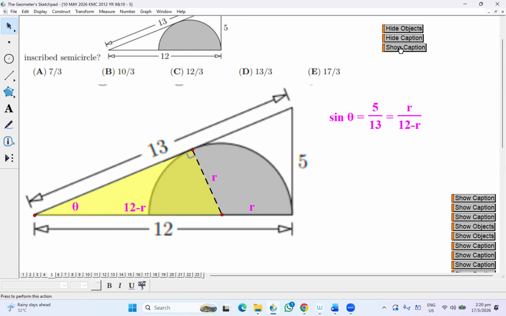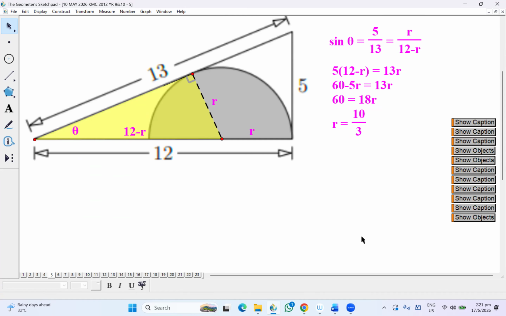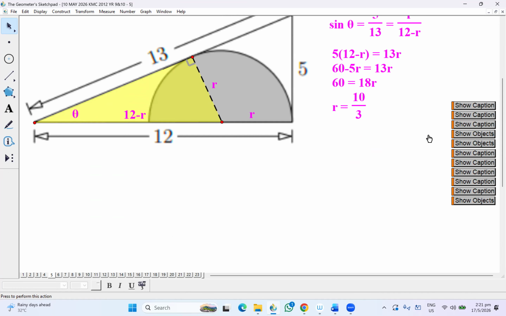We do the calculation, cross multiply, we get 60 minus 5R equals 13R, 60 is 18R, R is 10/3. Answer 10/3.